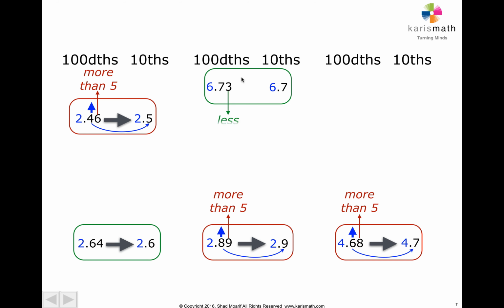While here, 3 is less than 5, it doesn't change the number 7. 3 is reduced to 0 because if it's less than 5, we'll assume it's going towards 0. 4 is less than 5, so it just stays 2.6, no effect on 6, no increase.